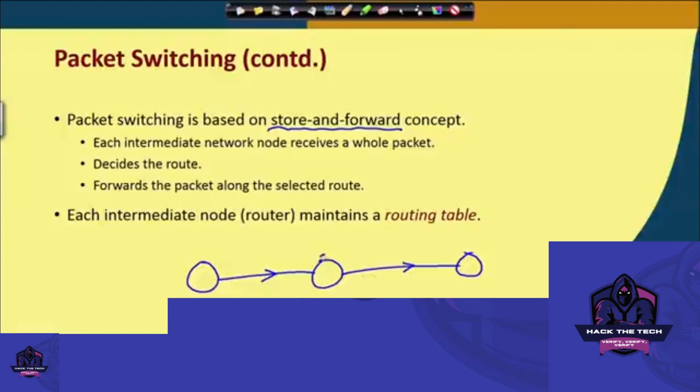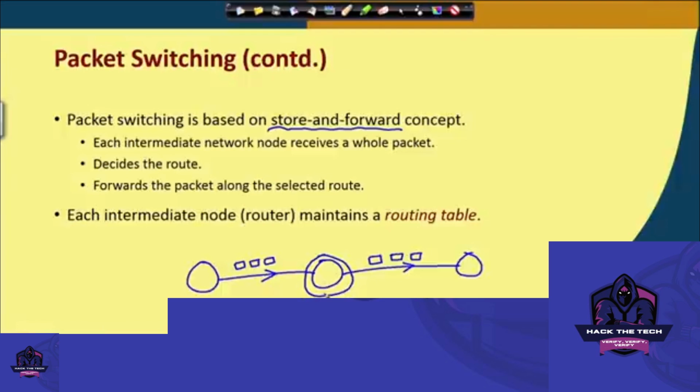Now, if we think of this central node, whatever packets are being transmitted through this first link will get stored in an internal buffer. There will be a buffer, a memory space where these packets will get stored, right. And later on from this buffer, these packets will get forwarded to the next link. So, there is a store and forward kind of concept.